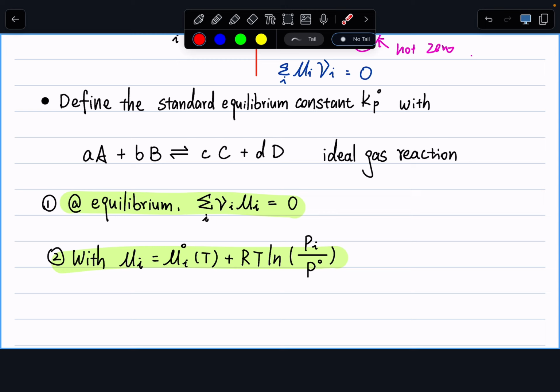All right. Now we're ready to define our equilibrium constant. Whatever is inside my logarithm is my equilibrium constant, or that's our pressure equilibrium constant, Kp naught.